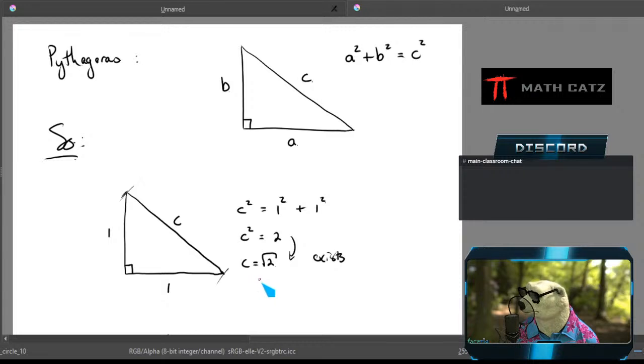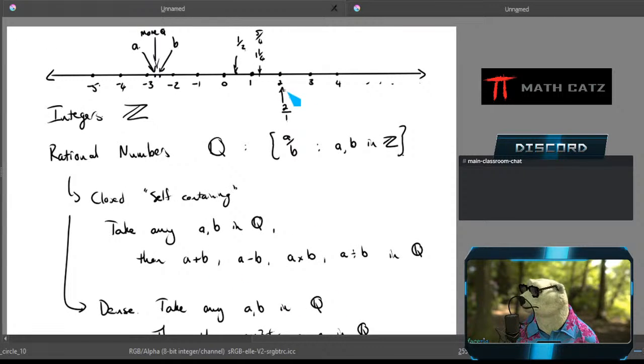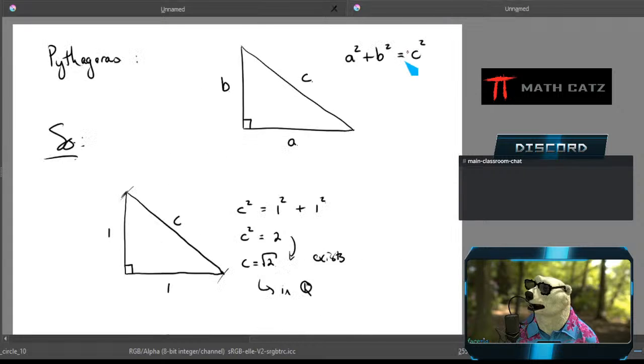So they were convinced that this number has to be somewhere on this number line. Yet, regardless of how much they try, they can't find it. They cannot find exactly where this quantity sits. What is the fraction that is equal to this quantity?